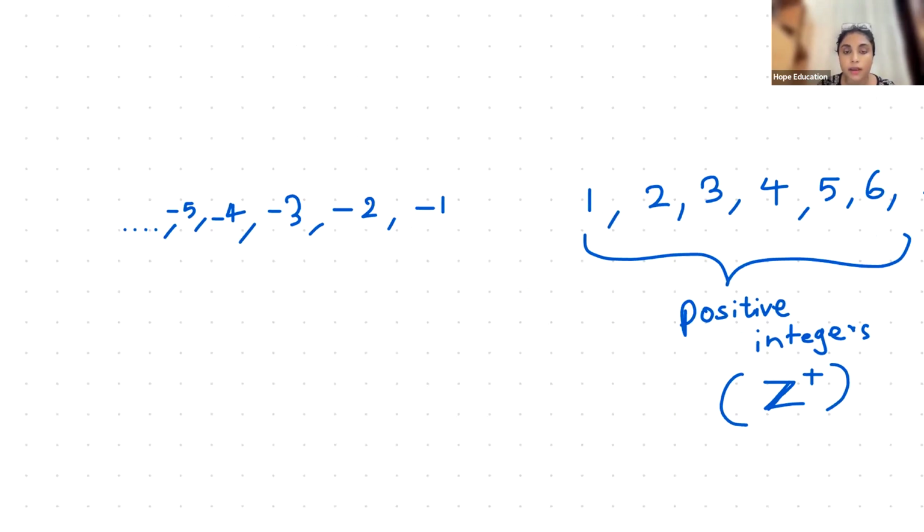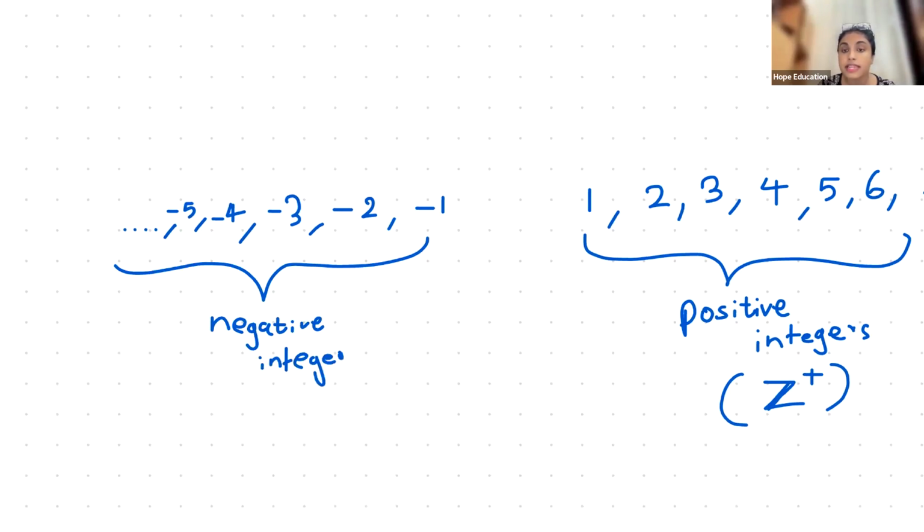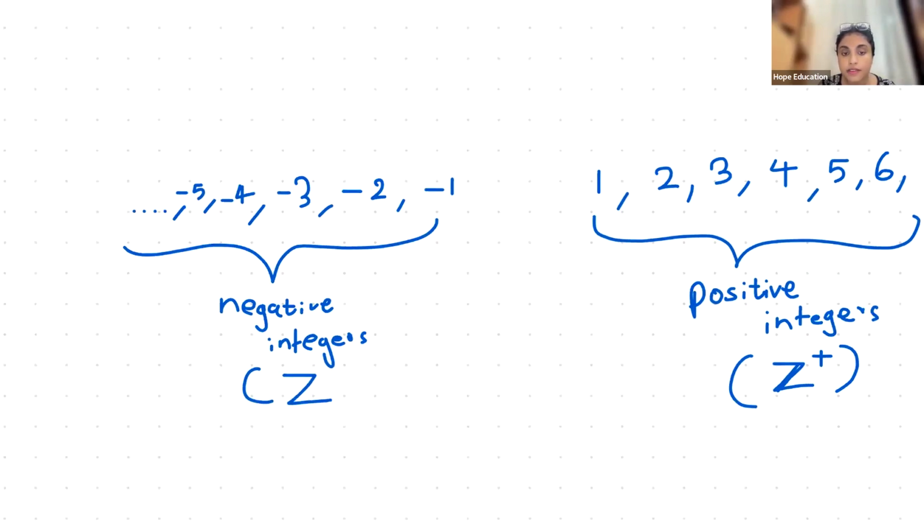These are called negative integers. Don't write anything. And as I said previously, the integer symbol is Z. For the negative integer symbol, we put a minus here, indicating that it's negative.